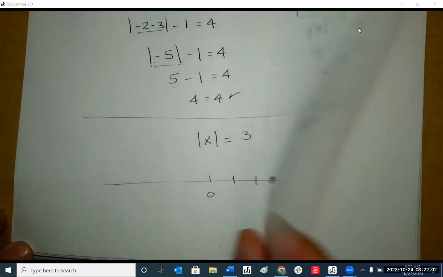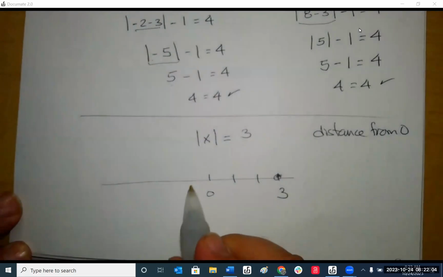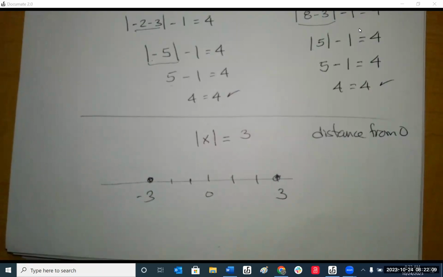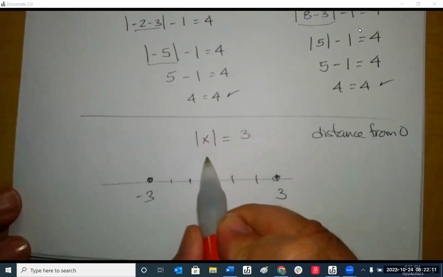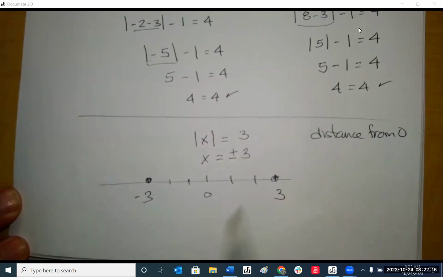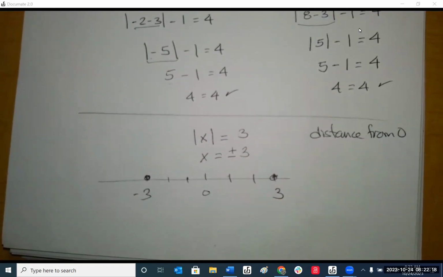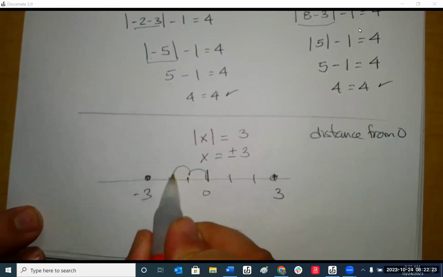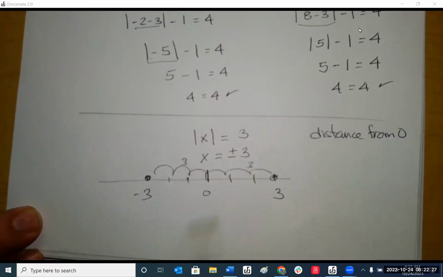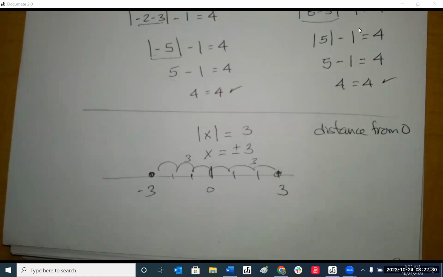If I folded my page over, I'd have a mirror image over here. That's also 3. So that's x is equal to positive or negative 3. Because it's from 0, it's 1, 2, 3, 1, 2, 3. The absolute value is a distance. That's going to be important because now the next part we're going to deal with are inequalities.